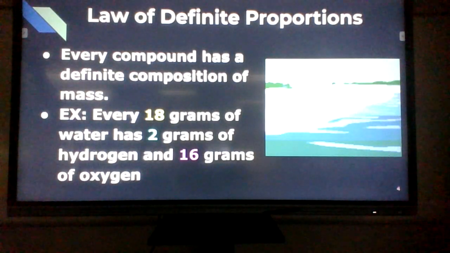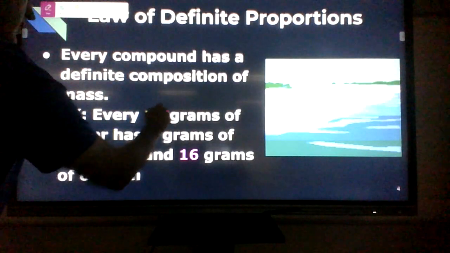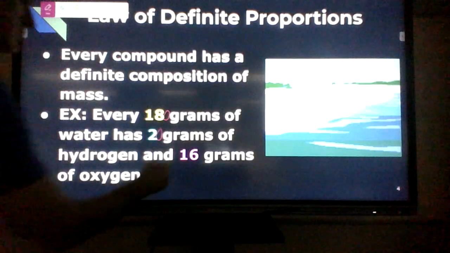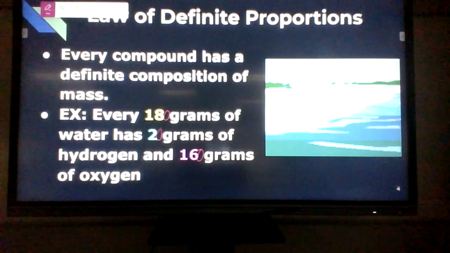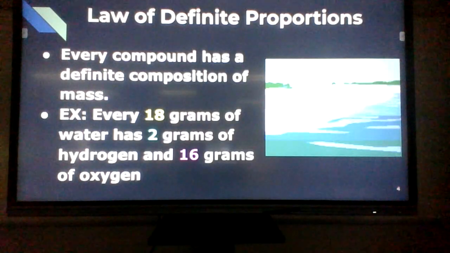So let's just multiply these by 10 and say we have 180 grams of water. That means we're going to have 20 grams of hydrogen and 160 grams of oxygen. And that multiplier would affect the numbers in exactly the same way because of the exact ratio and proportions. Ready?